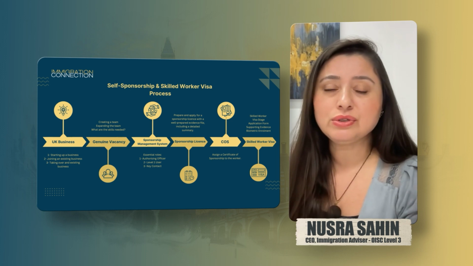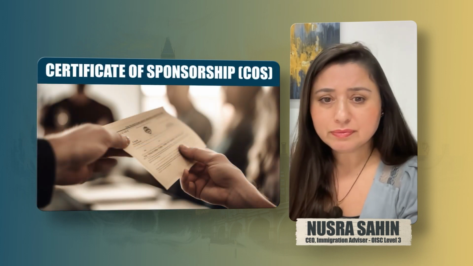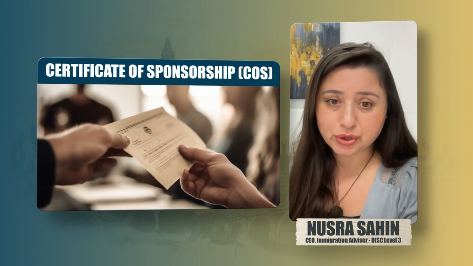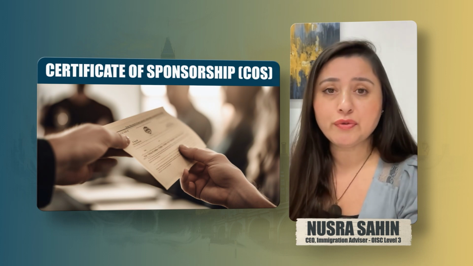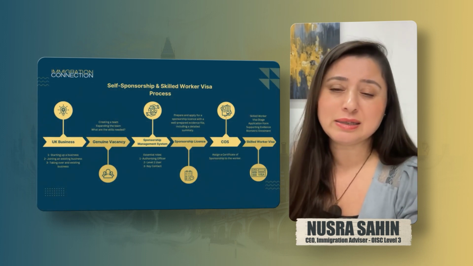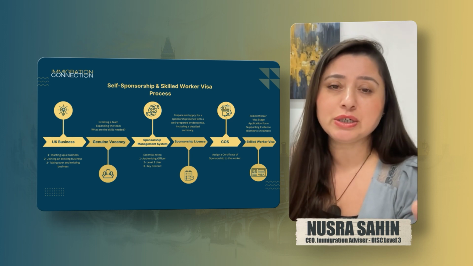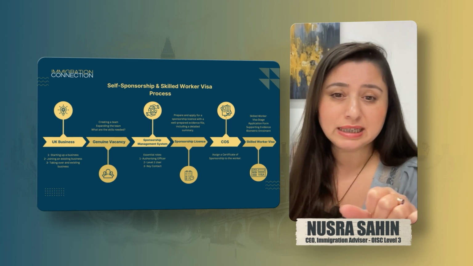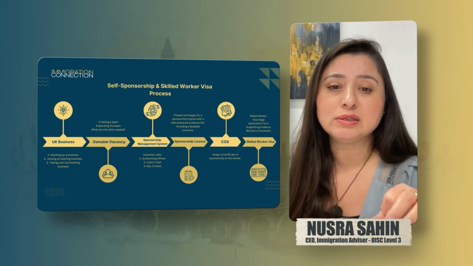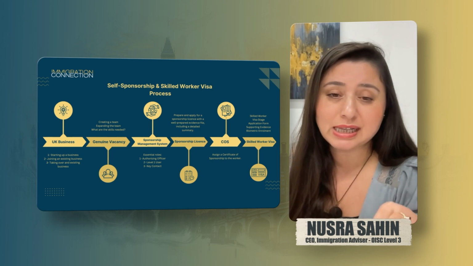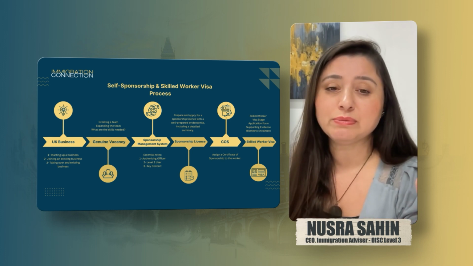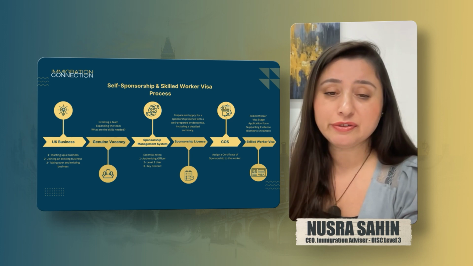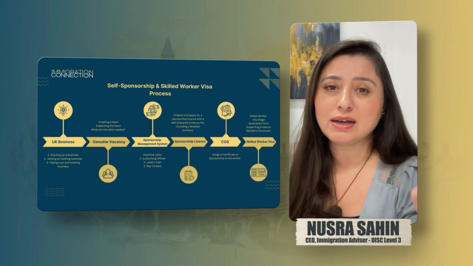So once you receive that sponsorship license, the company can issue the certificate of sponsorship, again following the rules and procedures. It's a bit complicated at that stage because of course some of these answers will already have been explored in the sponsorship license application process, but each certificate of sponsorship issuing stage must be very carefully executed, because sometimes mistakes are made, and rectifying those errors might be quite time consuming.